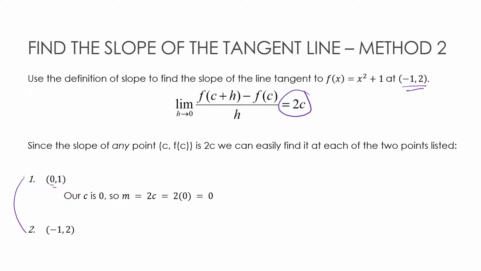So my slope at the point 0, 1 is 0. And we already know that our slope at the point -1, 2 is -2. I could give you 8 other points, and again, this is where method 2 would come in handy because I don't have to keep doing the work over and over. I do the work once and then keep replacing c with my x value.